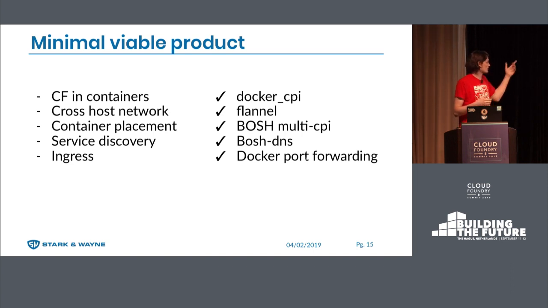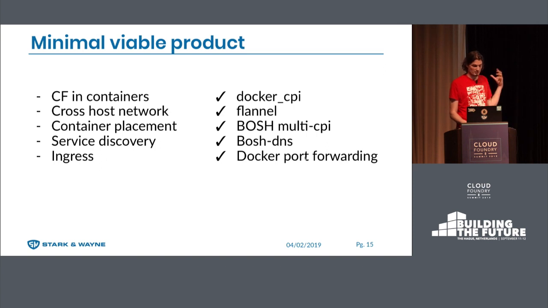And then for service discovery, that's built in BOSH nowadays, we have BOSH DNS, so everything can find each other. And for ingress, actually Docker port forwarding works just fine. We can map it to an IP address and a port, and yeah.